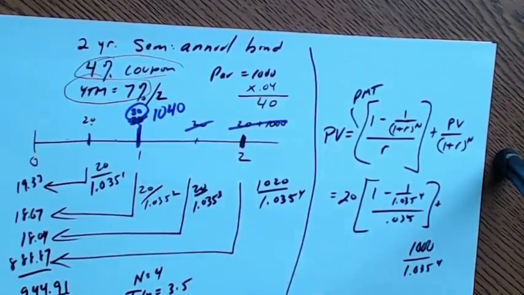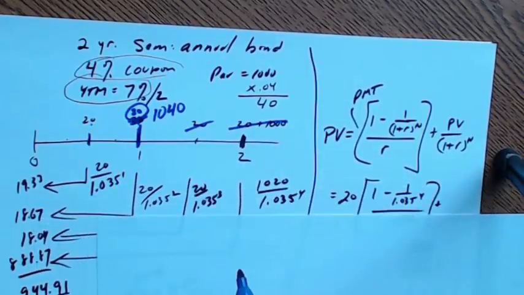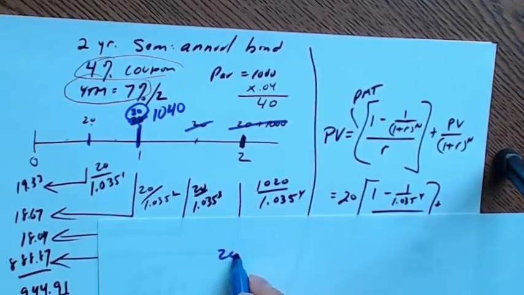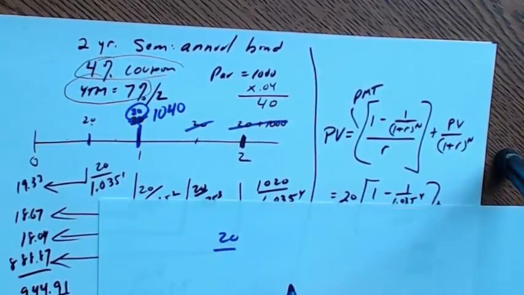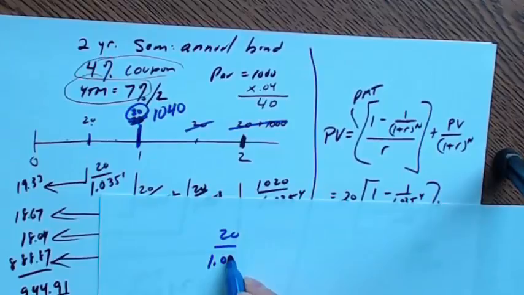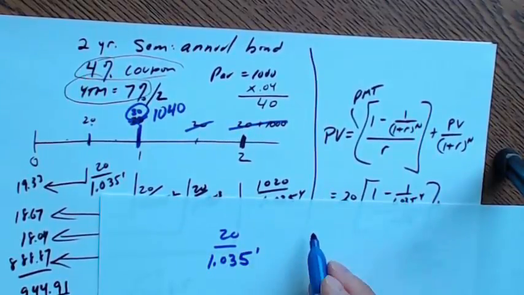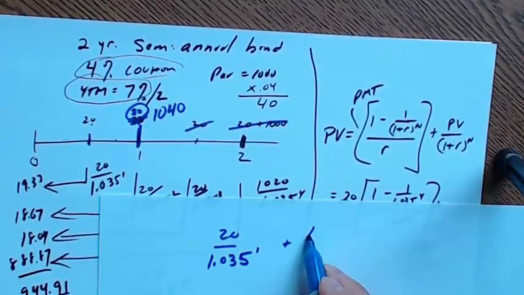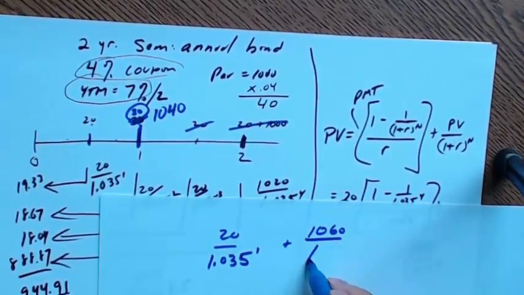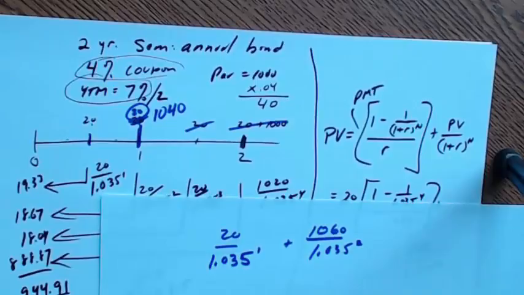So now what is the bond worth? Well, probably best off to do it by hand. If you do it by hand, you're going to have 20 divided by 1.035 to the first power plus 1,060 divided by 1.035 squared.